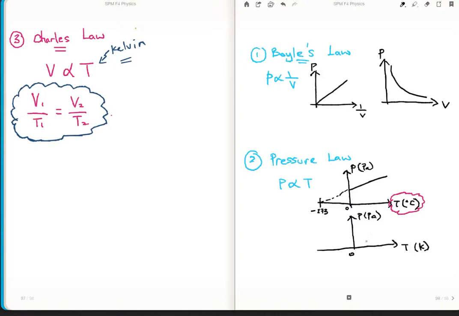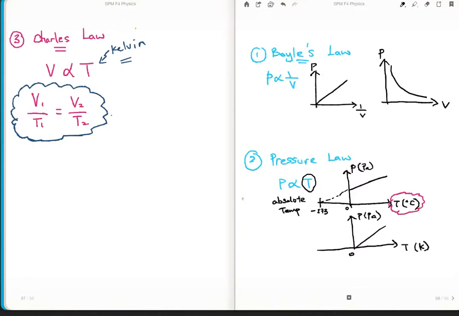So when it's Kelvin, it will be directly proportional because it is absolute temperature. This will normally come out in your final exam.